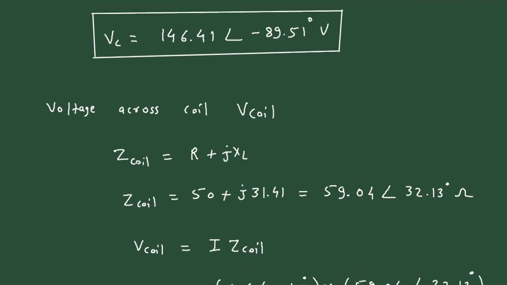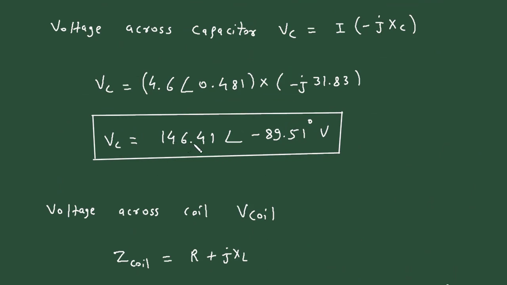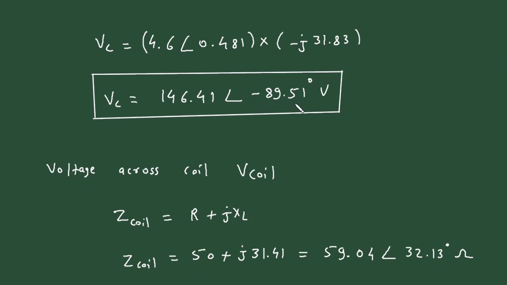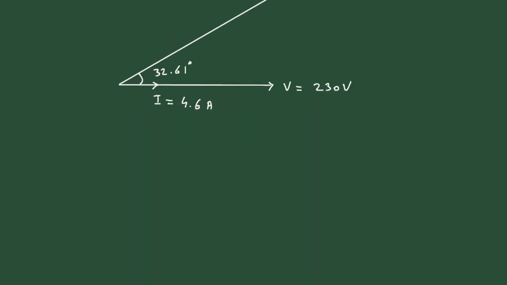Then next voltage across capacitor. It is 146 and the angle is negative, that means it is lagging. This voltage is lagging at an angle minus 89.51. So let's say it is minus 90 degree, so it will be like this.